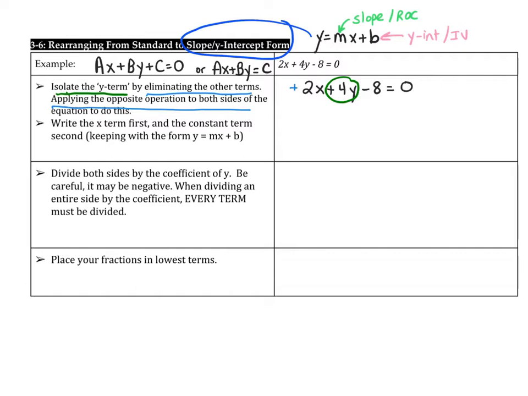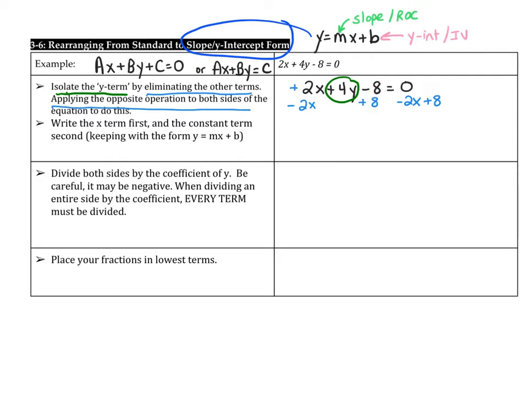So that's a positive 2x, so you're going to subtract 2x from both sides. And this negative 8, you're going to add 8 to both sides. So that would eliminate the x's from the left, and it would eliminate the constants from the left.